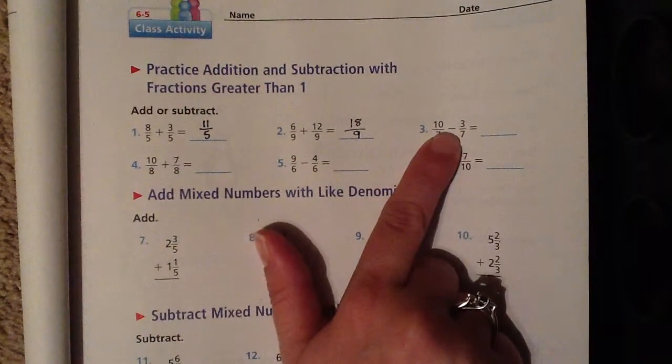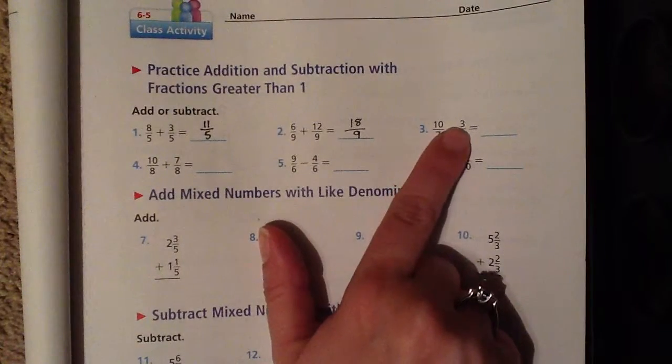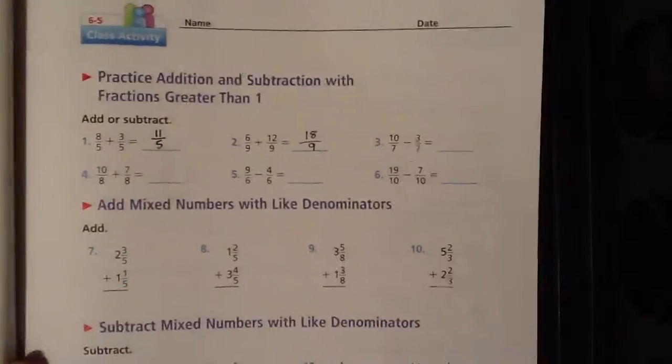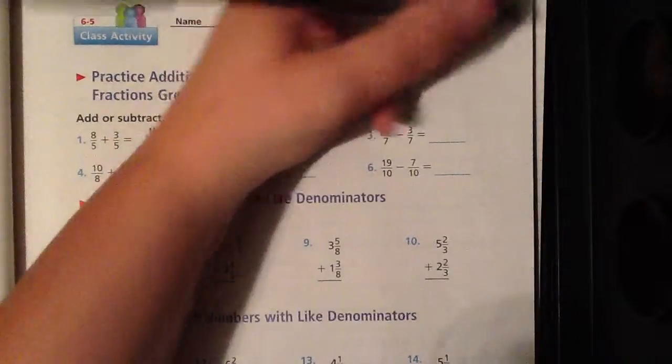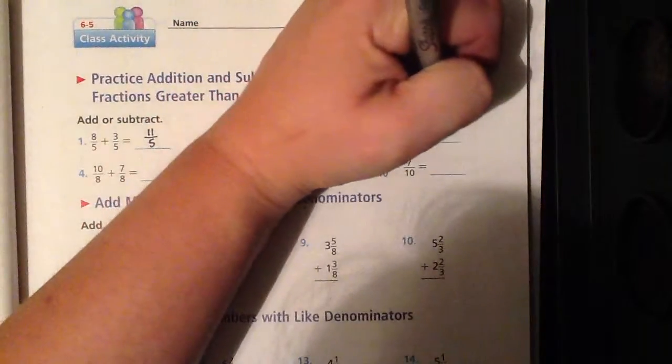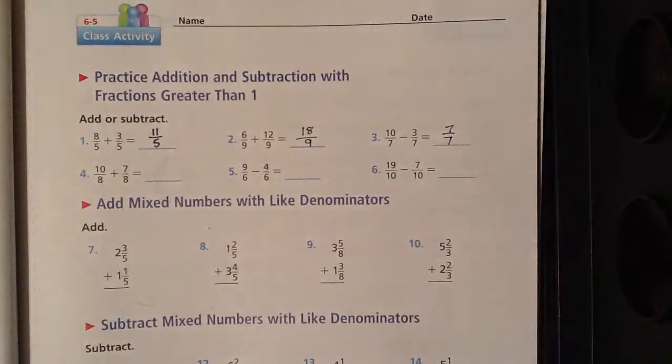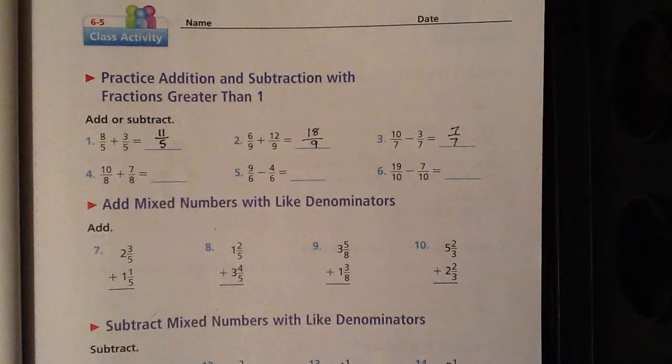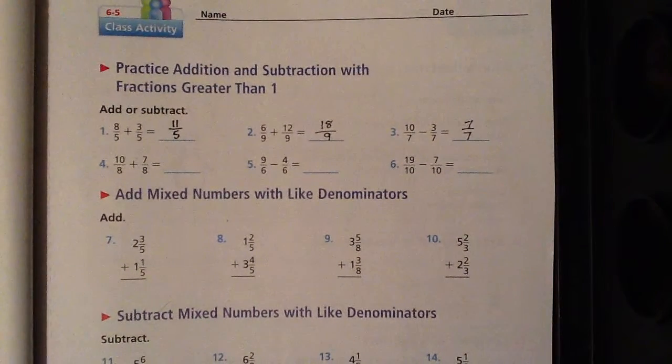Now I'm subtracting. 10 minus 3, my denominators stay the same. 10 minus 3 is 7 over 7. If you choose, you can also write 1. Go ahead and complete 4, 5, and 6 on your own.